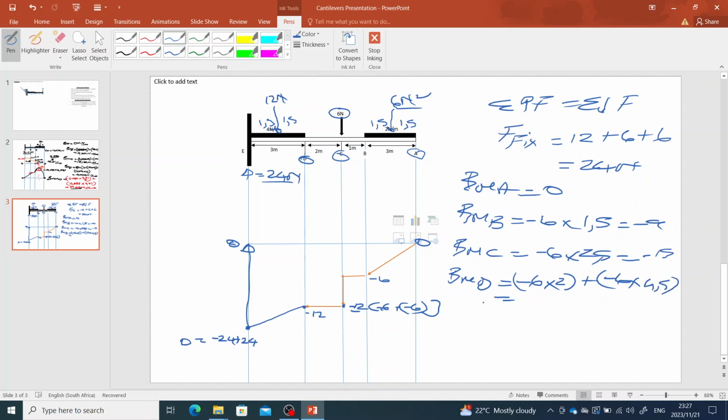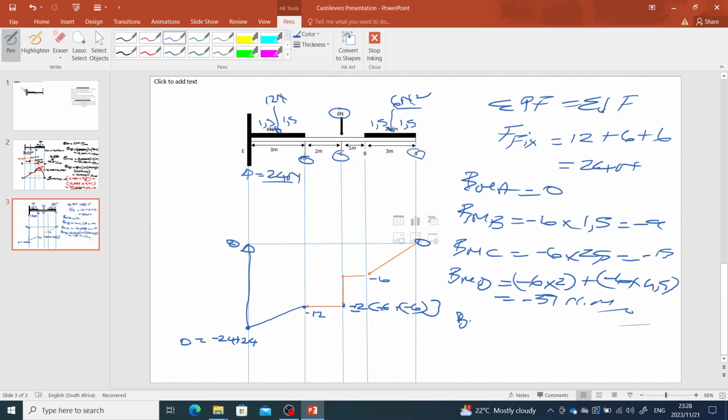Then you get your answer as -39 Newton meter, obviously the SI unit.